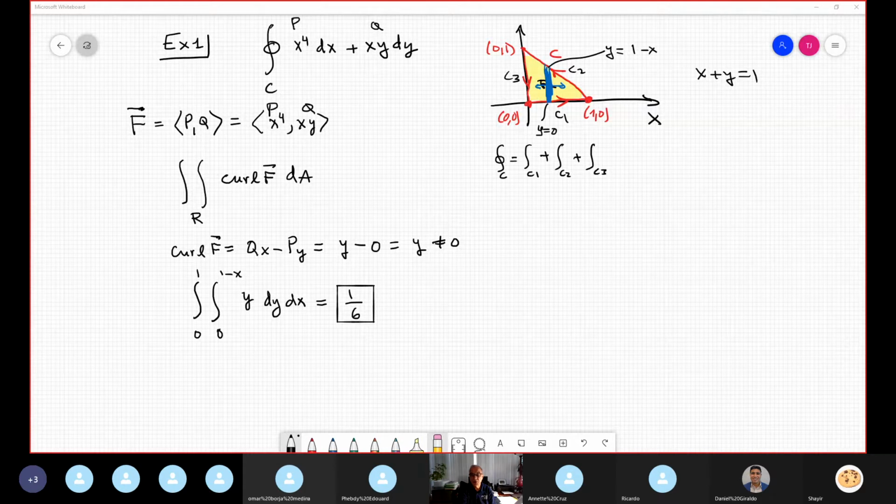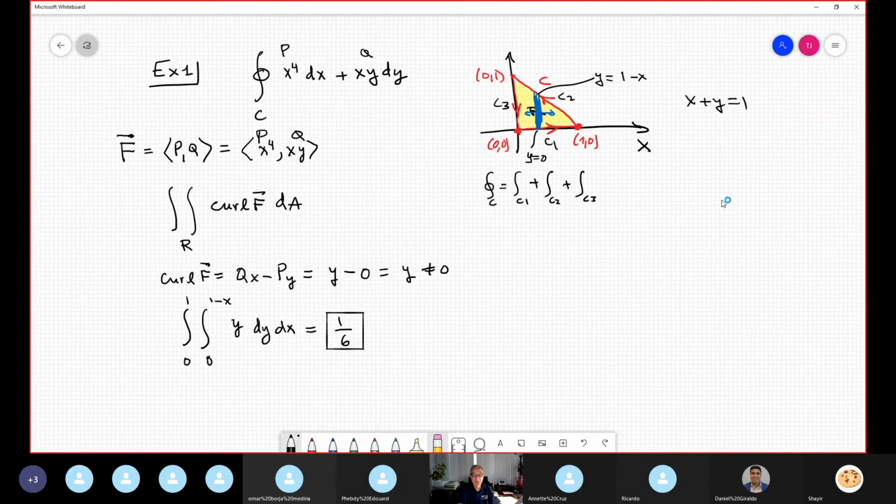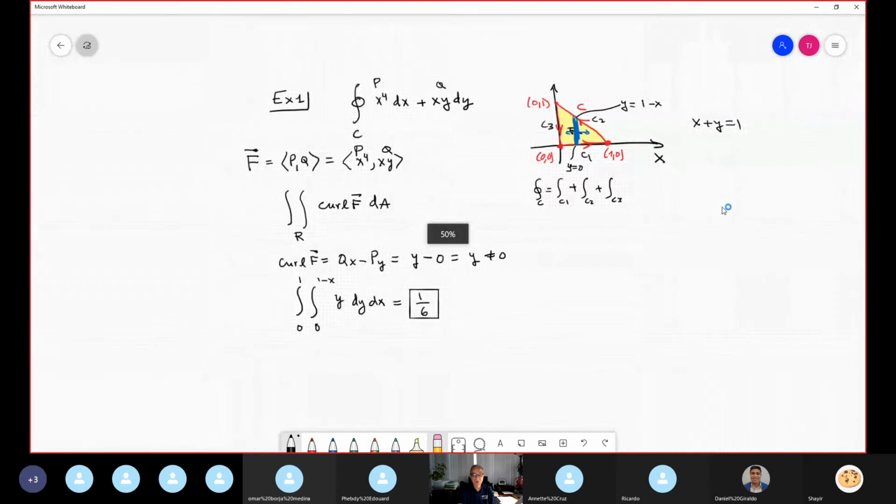What is the interpretation? Okay, you want to know every interpretation. No interpretation, it's just mathematics. It's a formula, a connection between the double integral and the line integral. No interpretation.